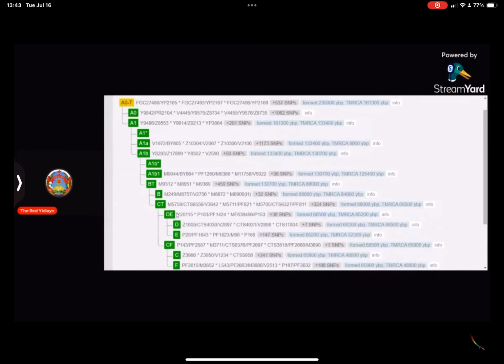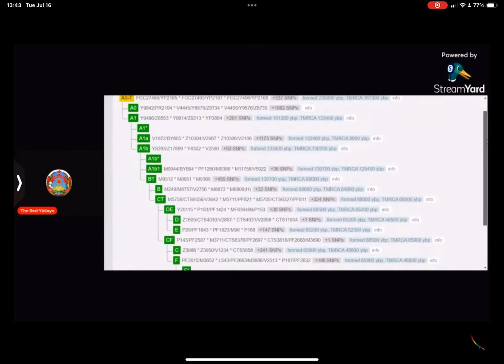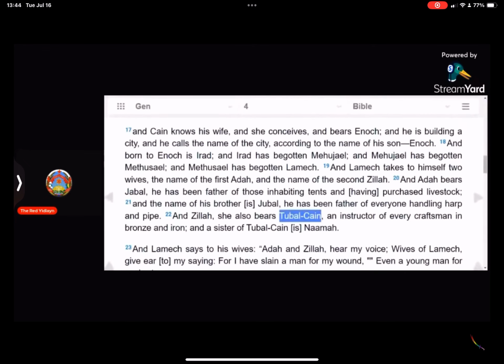And of course, Lamech's children, not so long after that, with the three major lineages, DE being roughly 65,000 years before present, and C being 65,000 years before present again, and F being formed again 65,000 years before present. So we're talking about 65,000 years before present for the children of Lamech if we follow the current understanding of the haplogroup tree. So it's quite interesting, another independent corroboration.